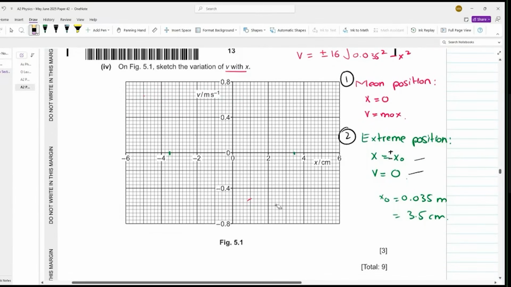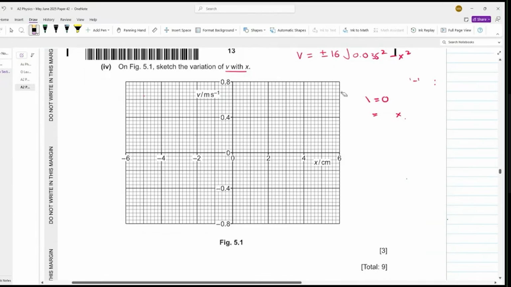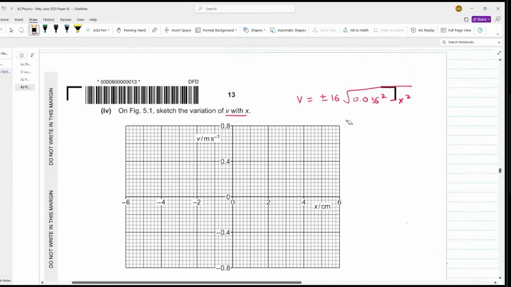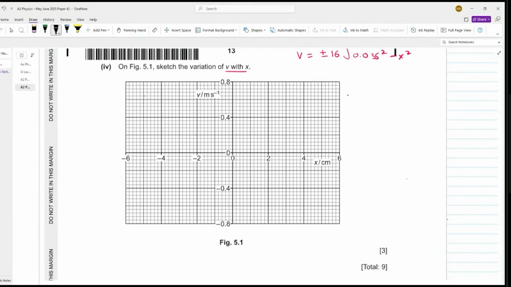So just remember one simple fact, or two simple facts, I would say. This is your velocity equation that takes into account displacement. You have to remember just two facts. At the mean position, what is the mean position?